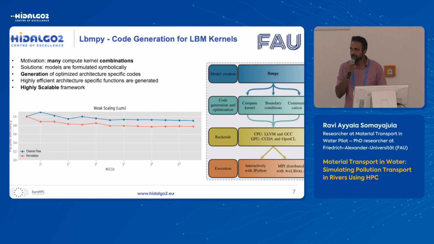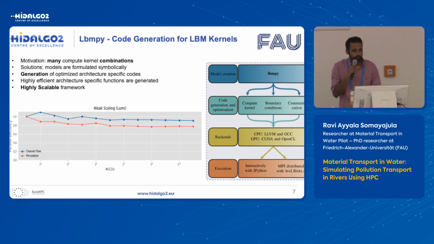As HiDALGO is all about using the HPC resources in as efficient a way as possible, we need to have efficient codes, and for this purpose, lbmpy does the job for us, producing efficient C++ kernels which are automatically generated and architecture specific. So it targets the specific architecture, whether it is CPU or GPU, and generates efficient and highly scalable codes.